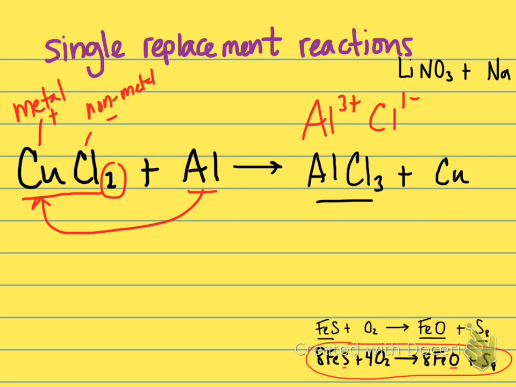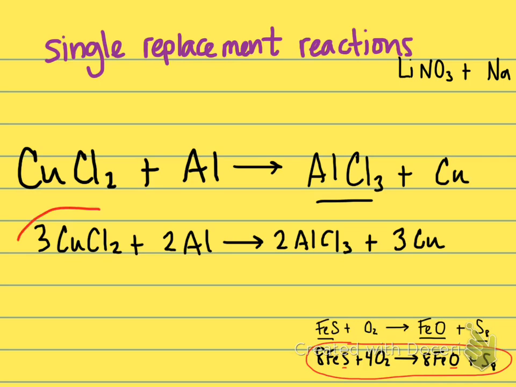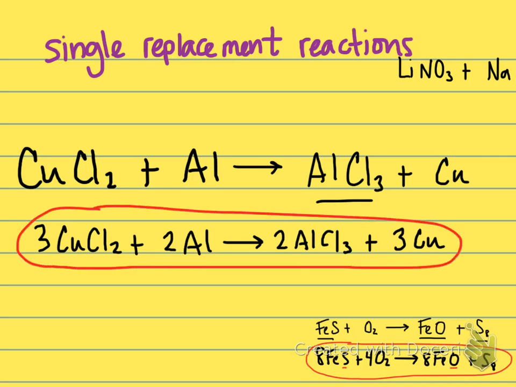They do not carry their subscripts with them onto the product side of the reaction. Okay? Let's do one more. Oh wait, I forgot to balance that. Our final balanced form is 3 CuCl2 plus 2 Al yields 2 AlCl3 and 3 Cu. Alright, let's move on to the last one of the single replacements.